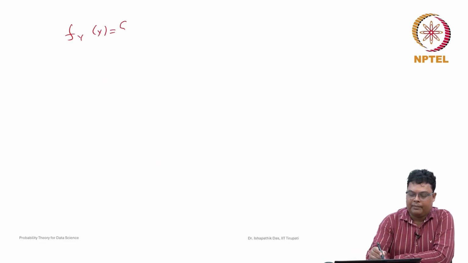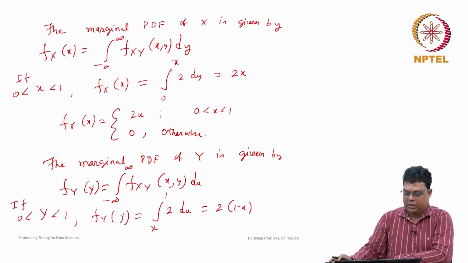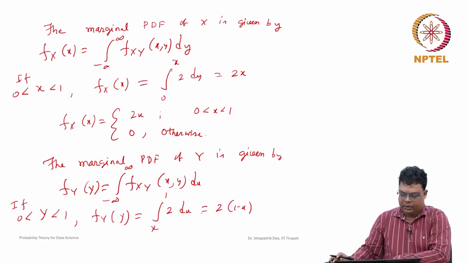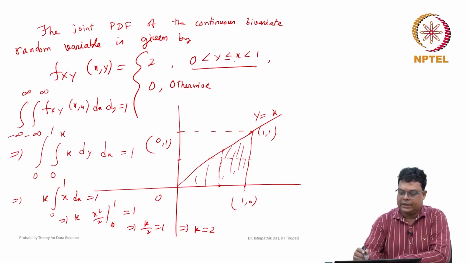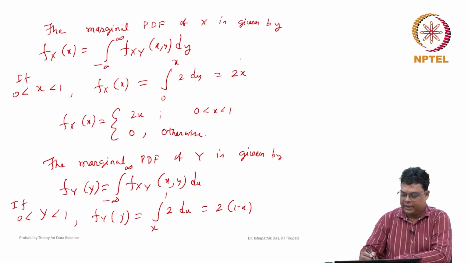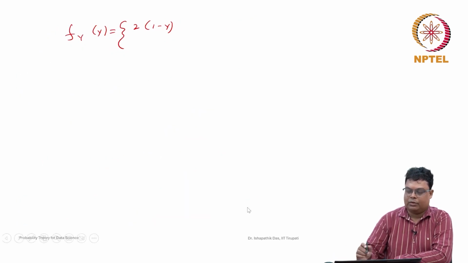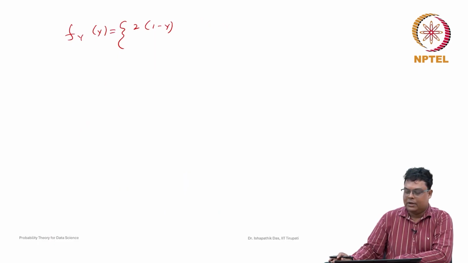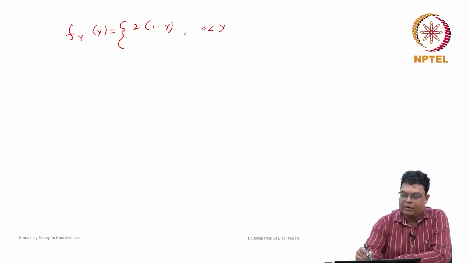So the marginal probability density function of y is 2 into (1 minus y) whenever y is between 0 and 1, and 0 otherwise.